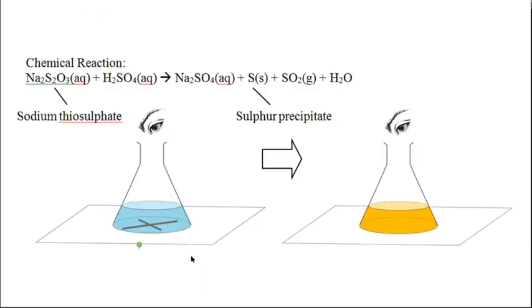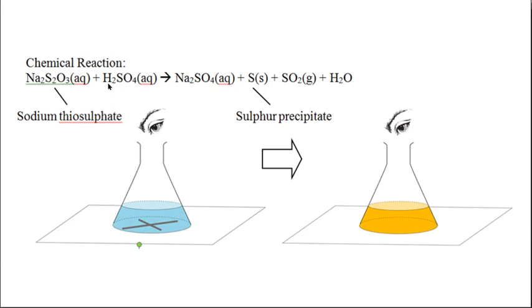Okay, this reaction, this turbidity thing, is used with this reaction. The sodium thiosulfate plus sulfuric acid goes to sodium sulfate, elemental sulfur, sulfur dioxide, and water. So sulfur dioxide is bad for you. You should probably do this in a fume hood. But what you do is you get a piece of paper and you draw a cross on the piece of paper, and this reaction is not that fast.